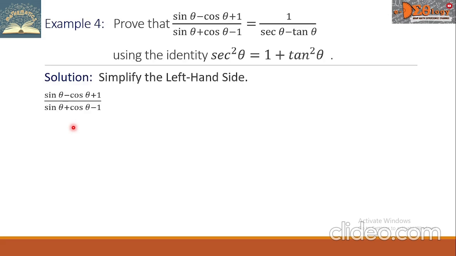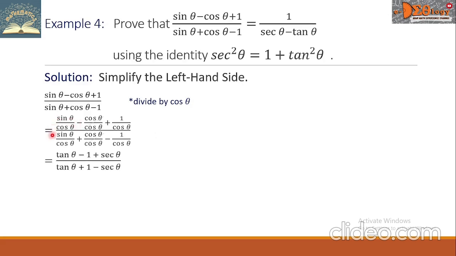Our goal now here is to make this value equal to the right-hand side. Let us now divide each of the terms by cosine theta. So it becomes like this. And then we simplify each of the fractions one by one. The sine theta over cosine theta is tangent theta minus, this is cancelled out, plus secant theta over, in the denominator, tangent theta plus 1 minus secant theta.